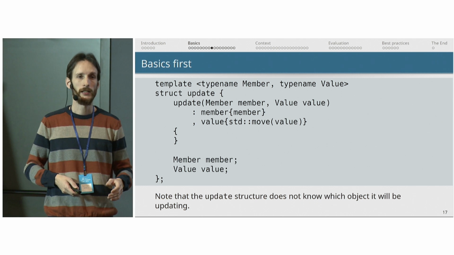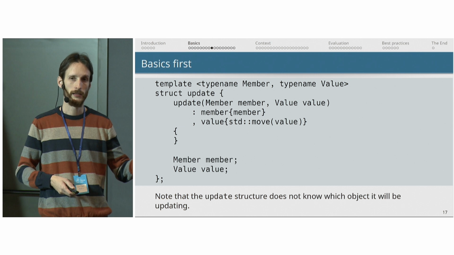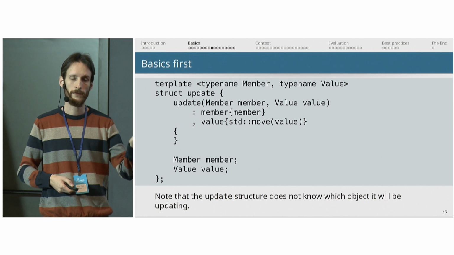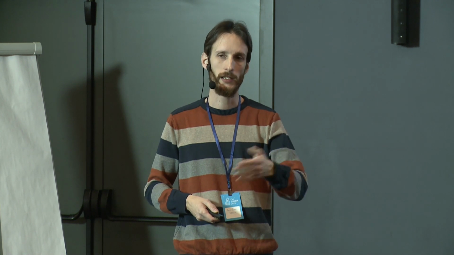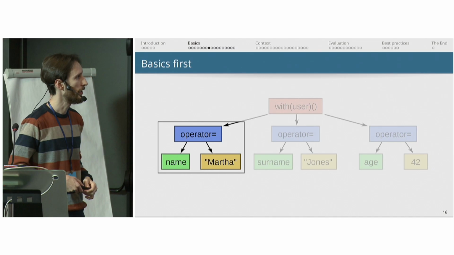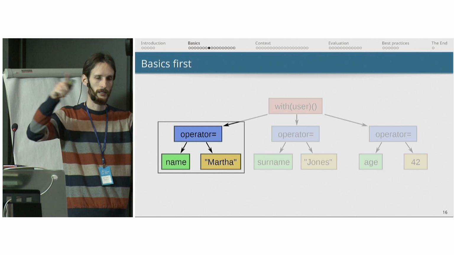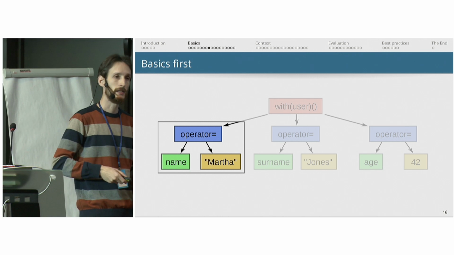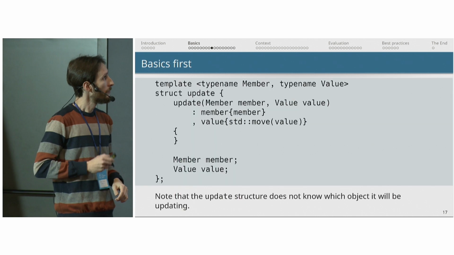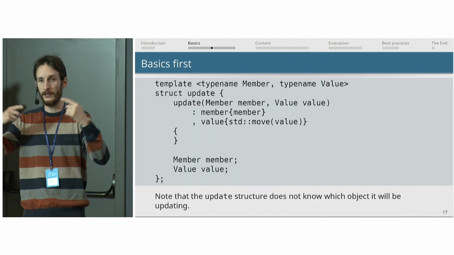Now, note that an update doesn't know on which object it works on. So you can define an update once and perform it on as many objects as you want. If we look at the abstract syntax tree, this rectangle doesn't need to know what's inside of with.